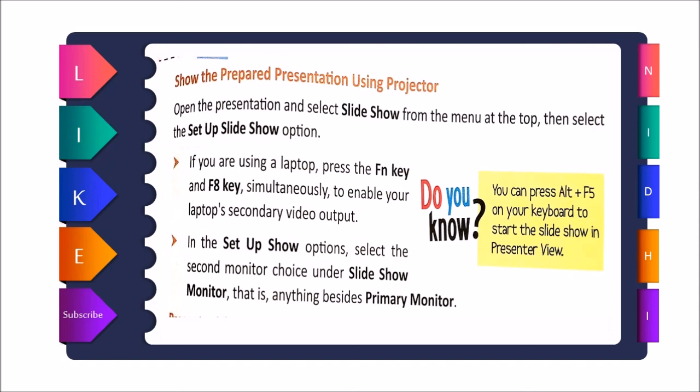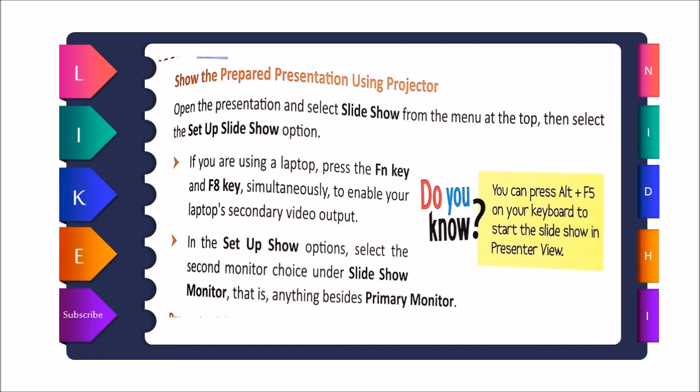Okay, the F8 function key will show that simultaneously, to enable your laptop's secondary video output. In the setup show option, select the second monitor choice under the slideshow monitor menu, that is anything besides the primary monitor. So press Alt F5 on your keyboard to start the slideshow in presenter view. Like in that way we can present it on the projector.